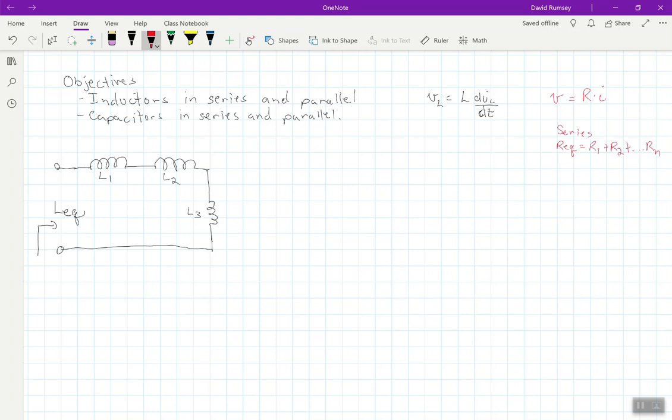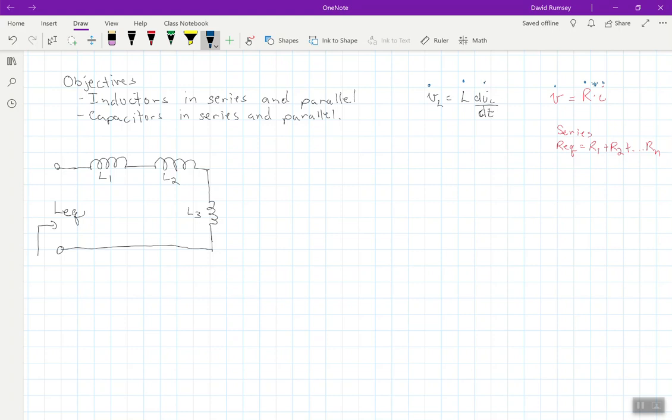Now, if I look at this voltage and current relationship, I've got a voltage for Ohm's law equaling something times another component, current. With the inductor, it's very close. I've got a voltage equal to an inductance times, well, not my current, but the derivative of the current.